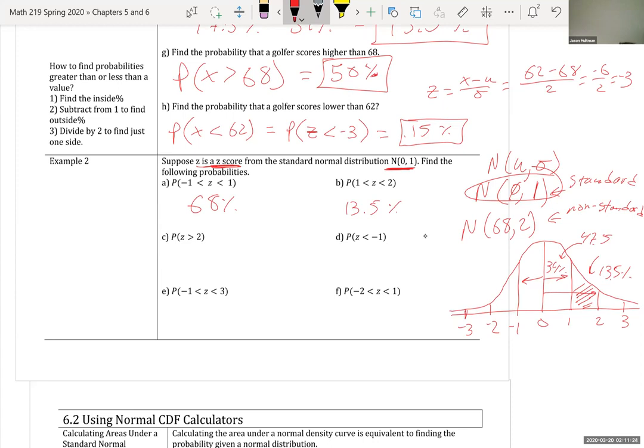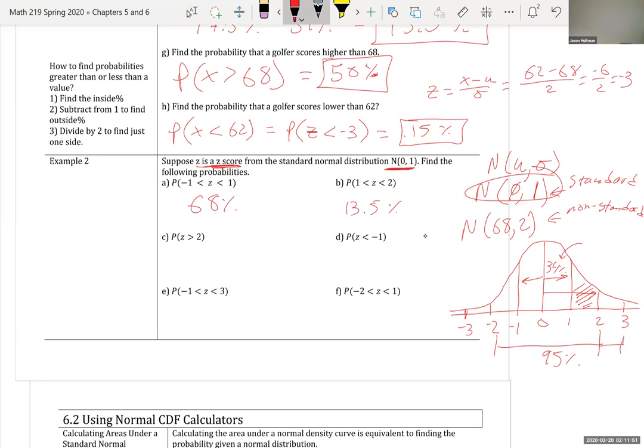Okay, what about z greater than 2? That's kind of interesting. From -2 to 2, it's 95%, right? So what would be greater than 2? Don't say 5%.